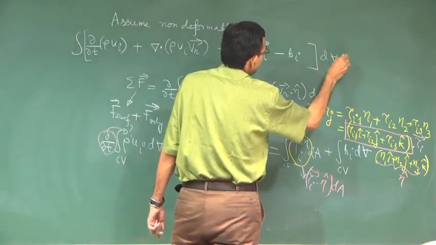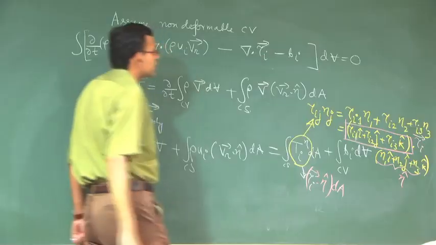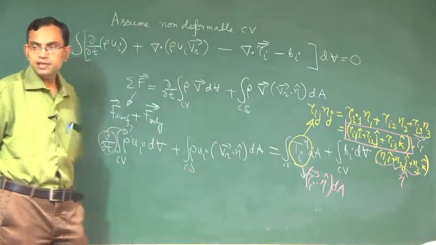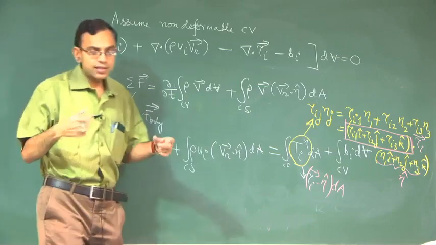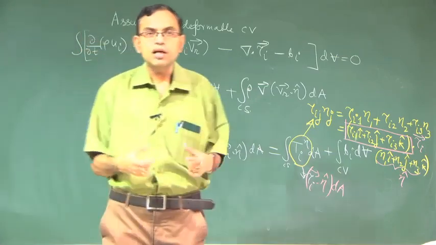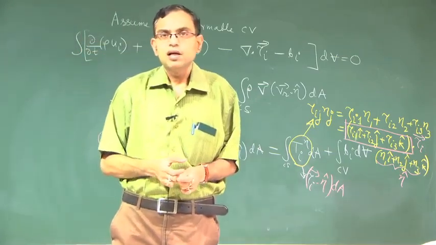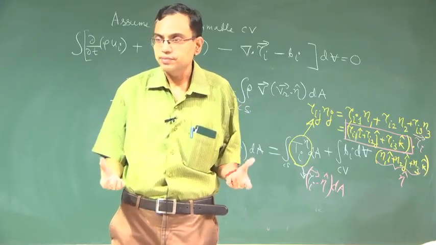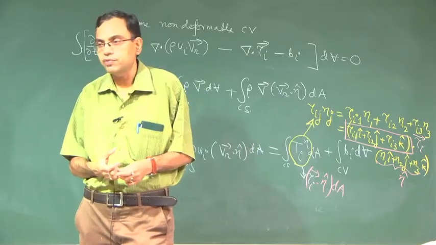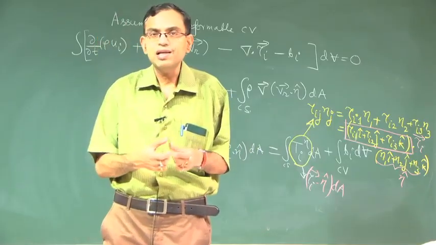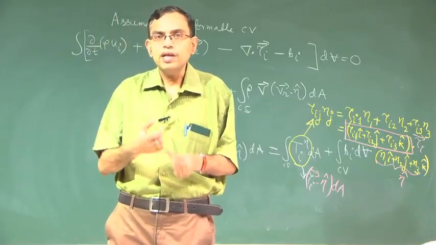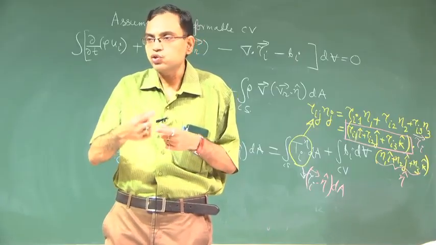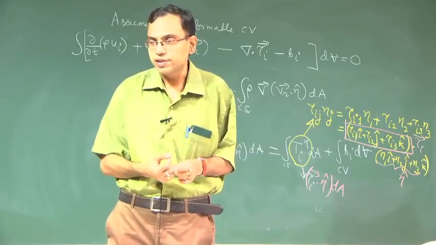This is actually an equation written in mixed vector and index notation. This is a trick sometimes I use in the class. Our students learn vectors first, in high school they learn vectors first. So vector notations are more convenient to them than the index notations which we slowly introduce to the students.